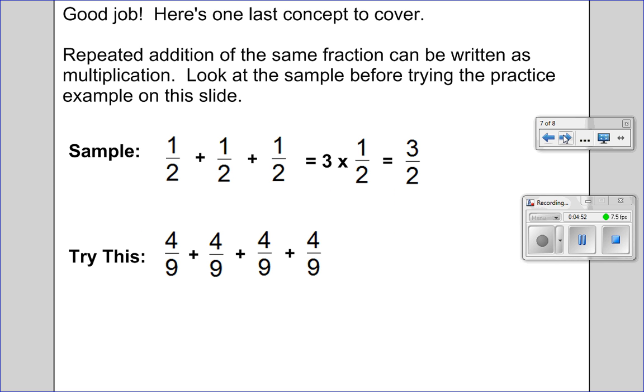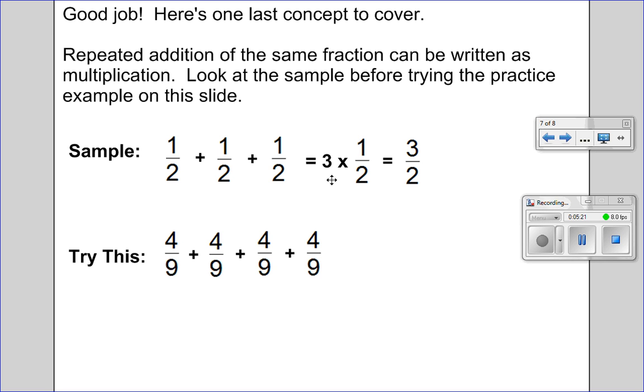Okay, one thing I want to point out, and it's pretty simple, but it's something very helpful. When you see repeated addition of the same fraction, you can rewrite that as multiplication. So looking at the sample right here, we've got 1/2 plus 1/2 plus 1/2. Now I know you could probably say, well, 1 plus 1 plus 1 is 3, 3 over 2.